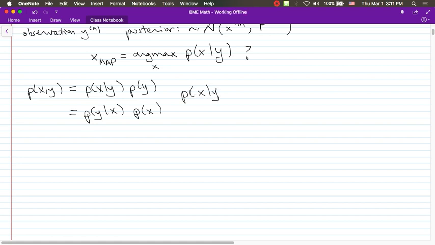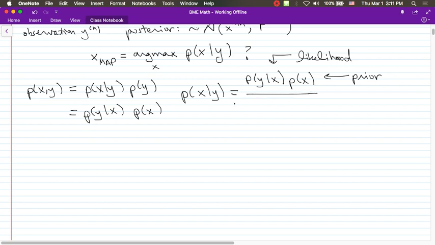P of x given y is p of y given x, the likelihood, times p of x, the prior, divided by something that normalizes, called the marginal, p of y. Basically, it makes sure that this probability has an integral of 1 by dividing it by something.